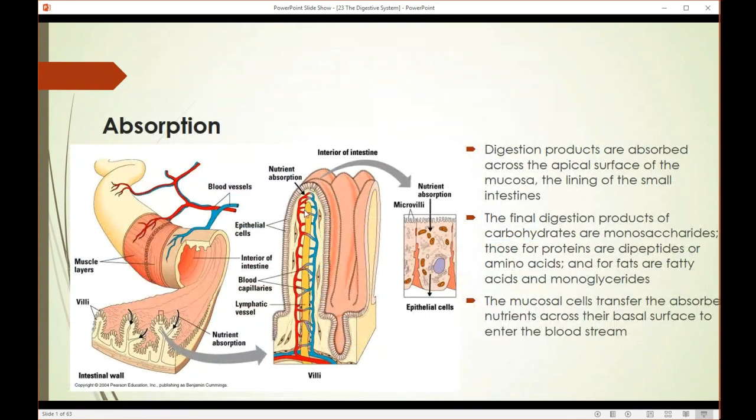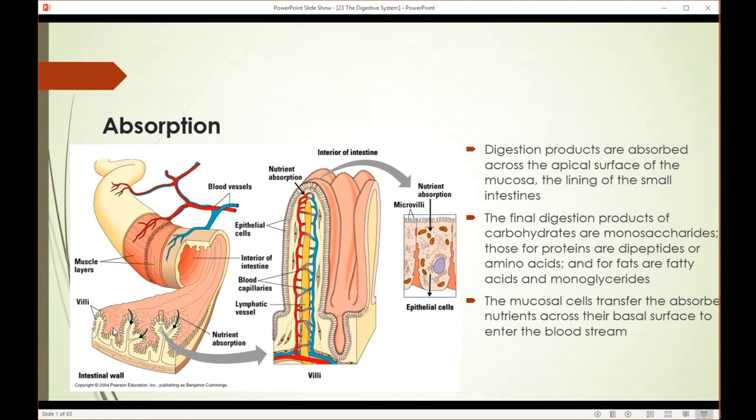So absorption is when we're actually pulling in all of the good nutrients from our food. Okay. So this is an image of the intestinal wall, and on the intestinal wall we have what are called villi. And those villi sort of look like projections coming out, right?